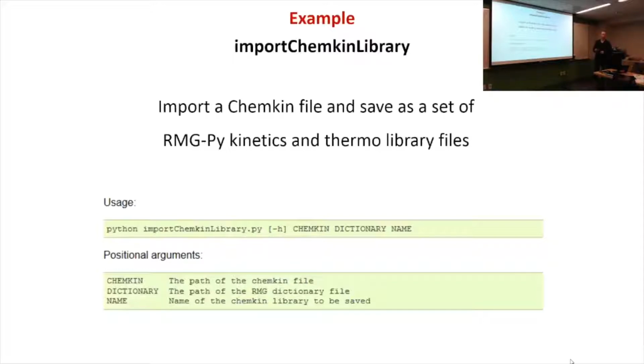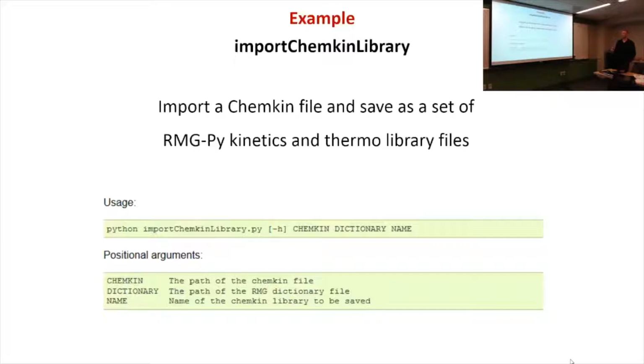So if you have a ChemKin file and a dictionary in RMG's language, you can import it and use it as a library when you generate further models, a kinetic and a thermal library. So here's just an example of how you would use it. You would write, after activating the RMG environment, Python, call the script, or give the full or relative path if it's not in the folder you're currently running at.